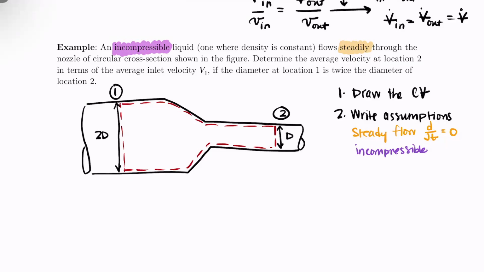Does anybody else spy an interesting phrase in there? I won't make you suffer very long. So the phrase that is key right here is average inlet velocity. So if we're talking in terms of averages, this is essentially assuming a uniform flow. Okay.